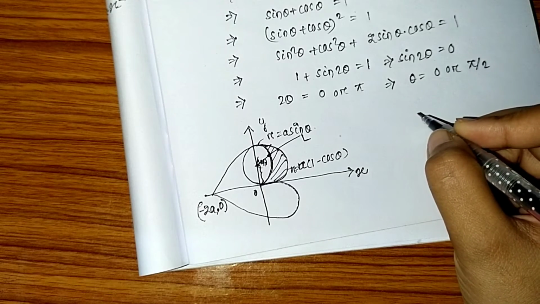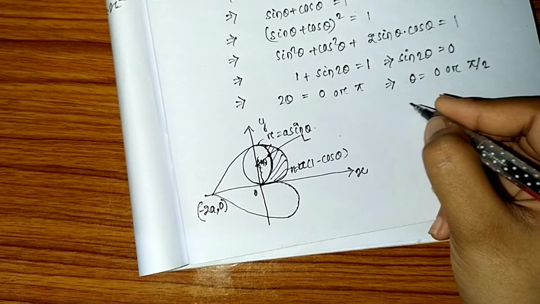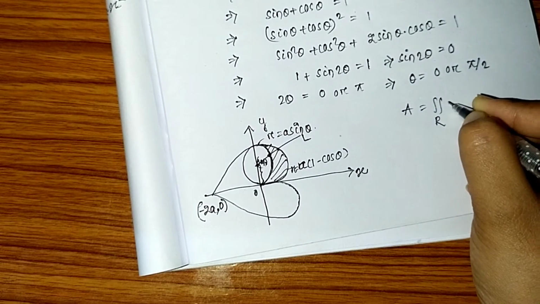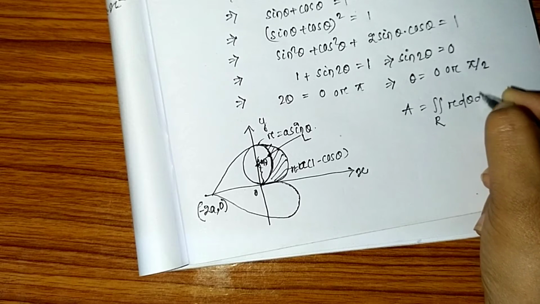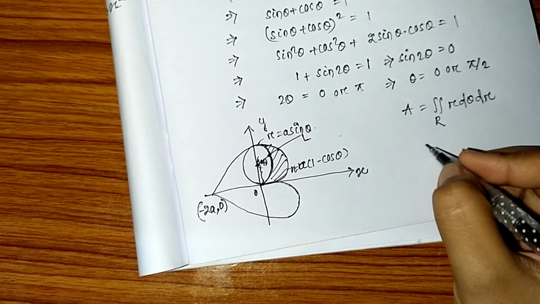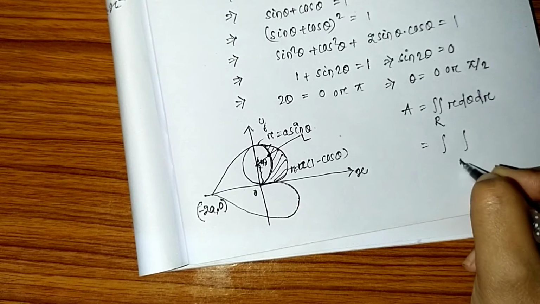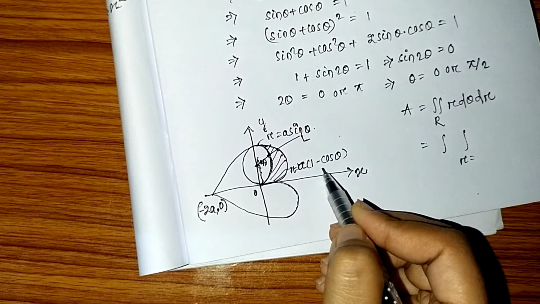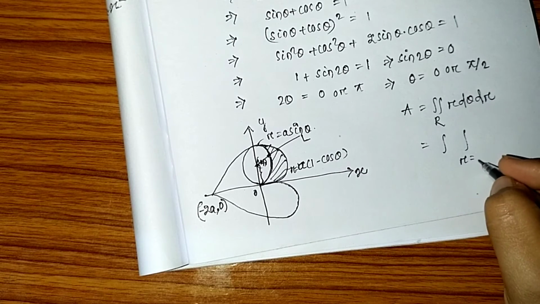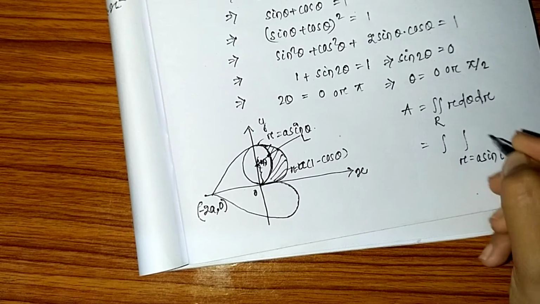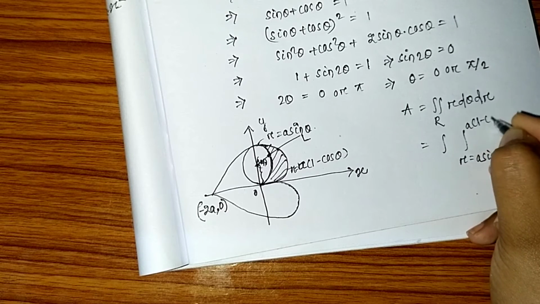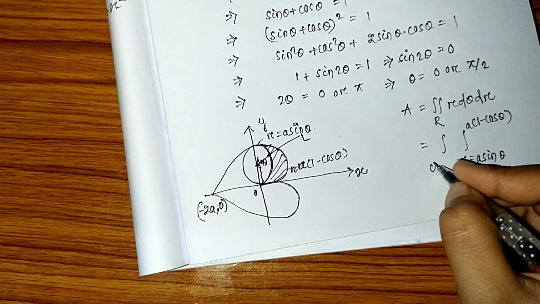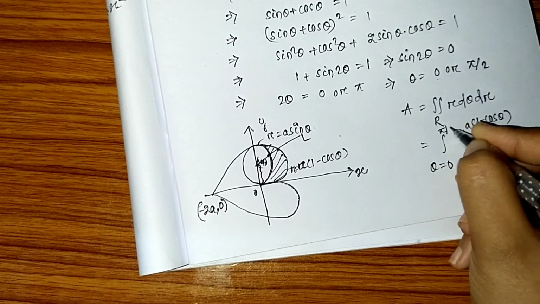From polar coordinates, area equals the double integration of r d theta dr. Then r is from a sin theta to a into 1 minus cos theta, and theta is from 0 to pi by 2.